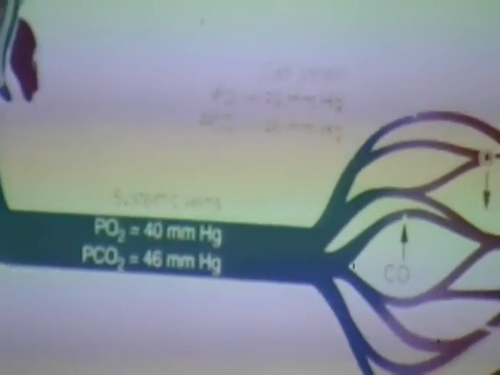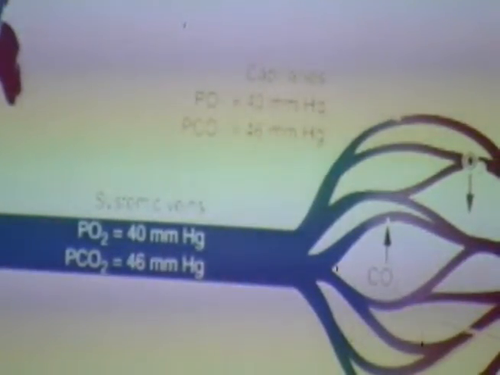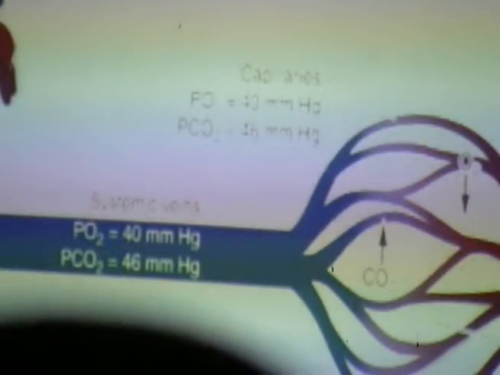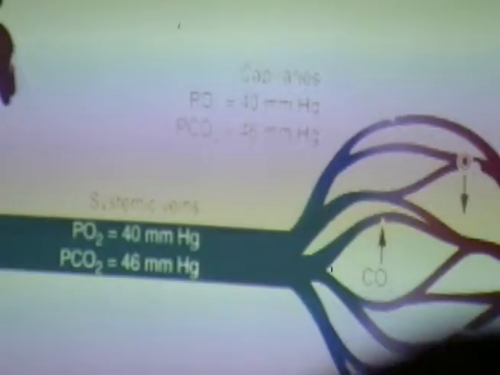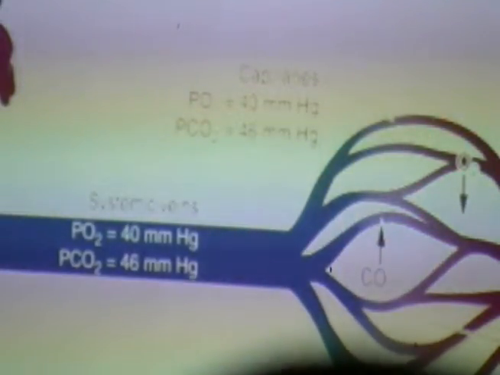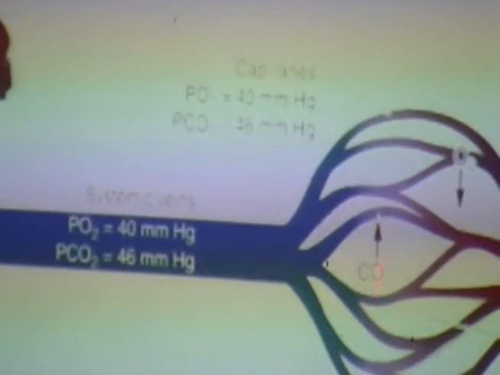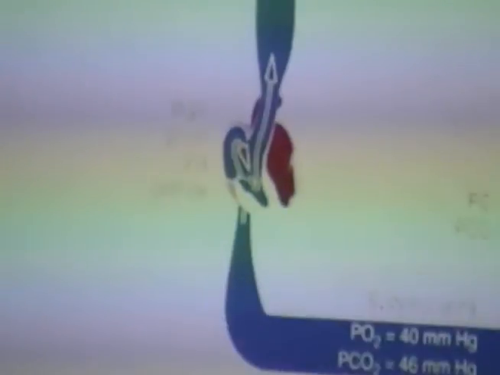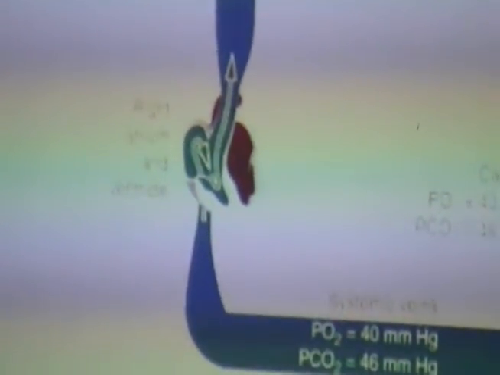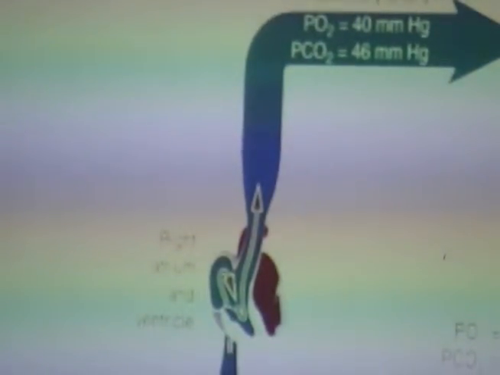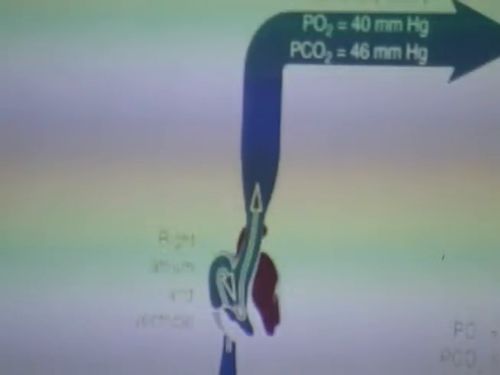And what we want is to move the oxygen from the bloodstream into, in our case, muscle tissue. We're looking at using oxygen to create ATP so we can move. So we're going to move it into the muscles, and then when we look at the bloodstream, the other side, coming back to the heart, the oxygen level has gone down, the partial pressure is down, means that we've got less oxygen available here than we had here because we were able to offload it.